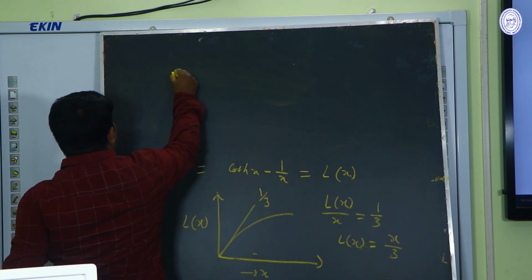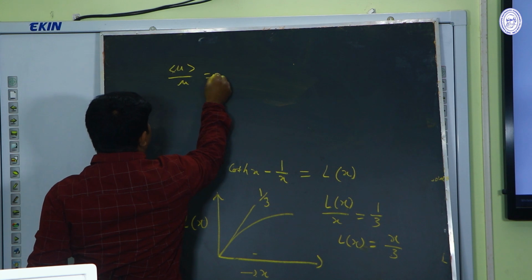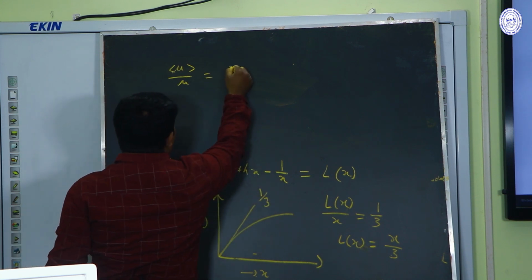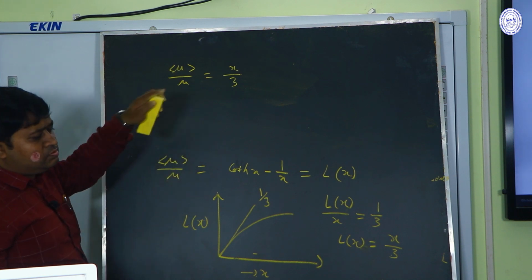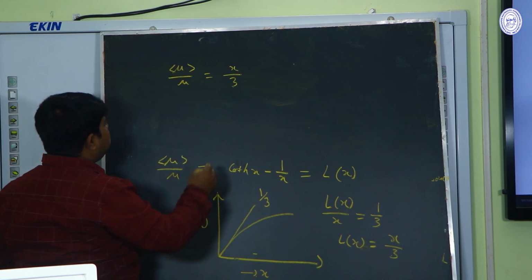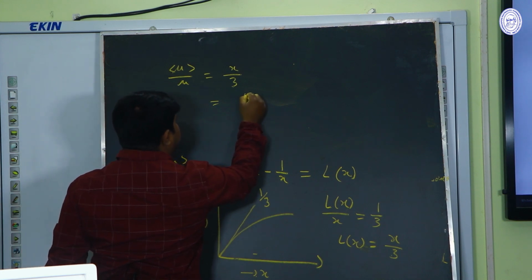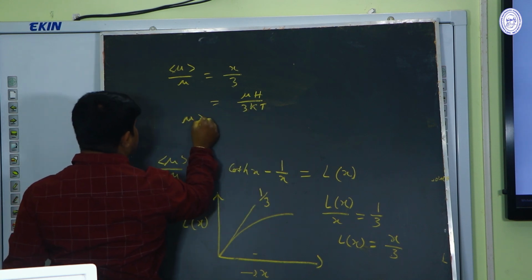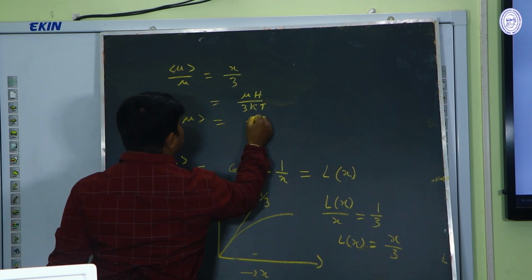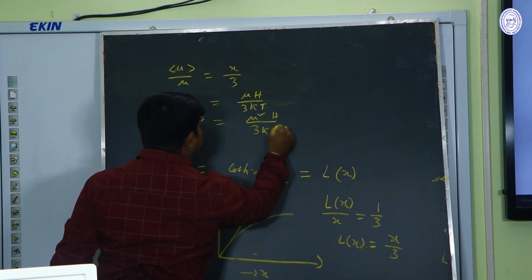So mu average by mu is equal to x by 3. x is equal to mu H by kT, so mu H by 3kT. So mu average is equal to mu square H by 3kT.